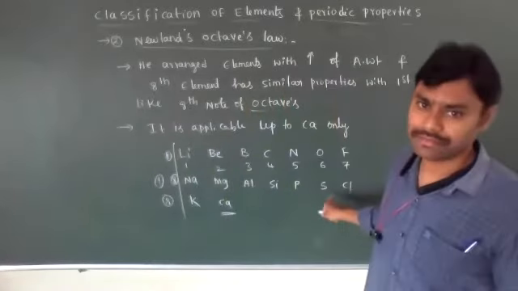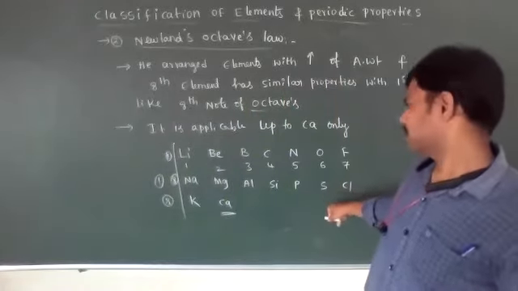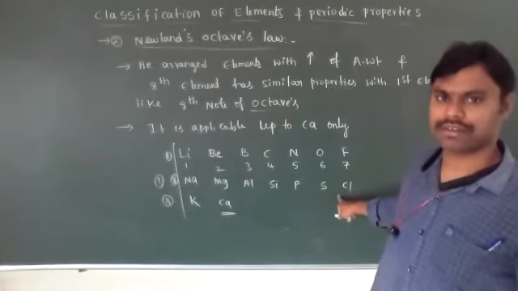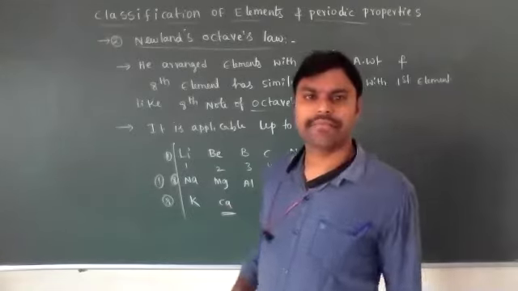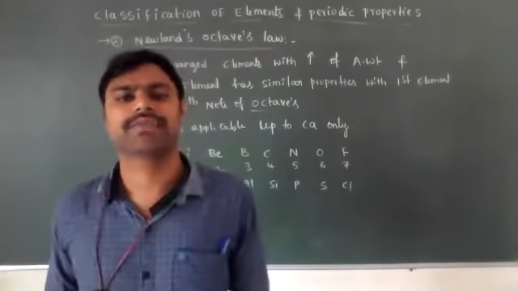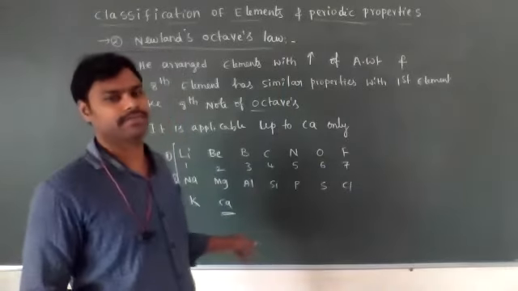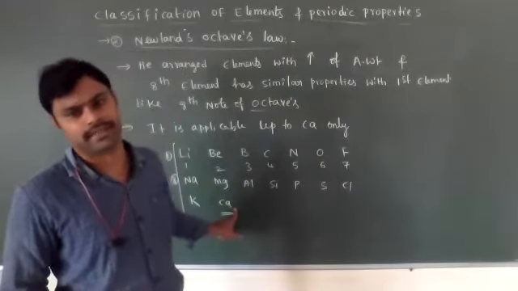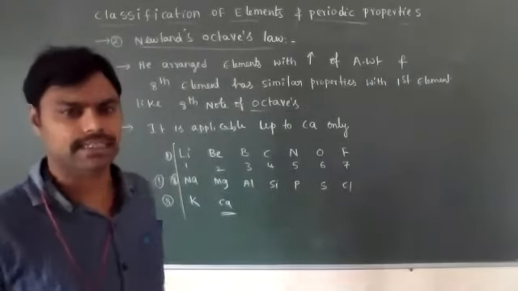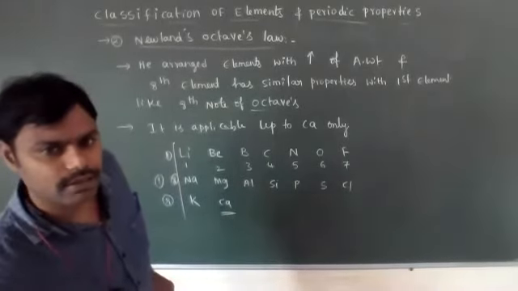Understood? This is Newlands table. He arranged only up to calcium, the first 20 elements, because calcium means Z equals 20. This is Newlands table.